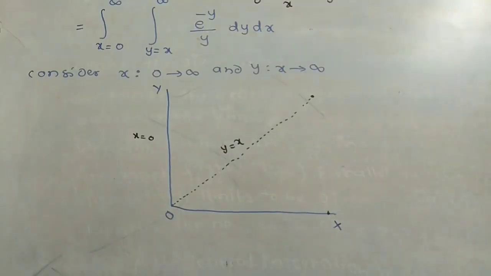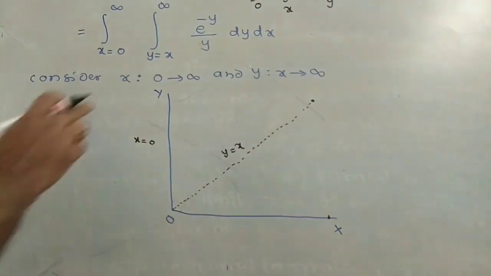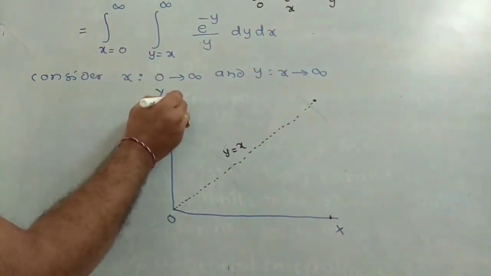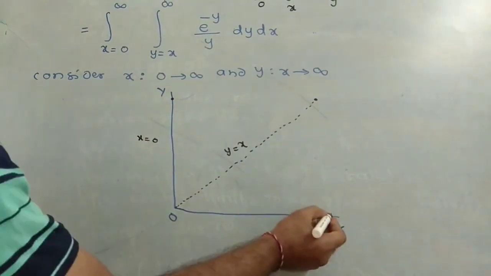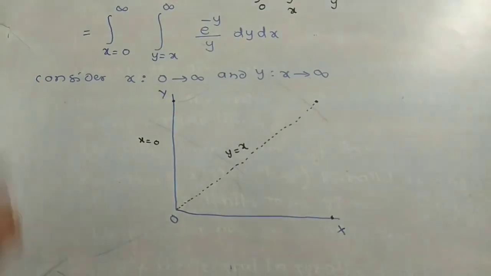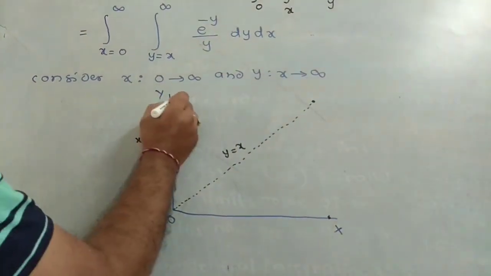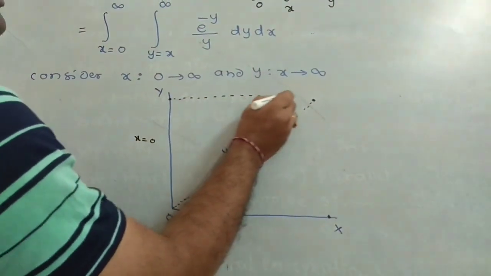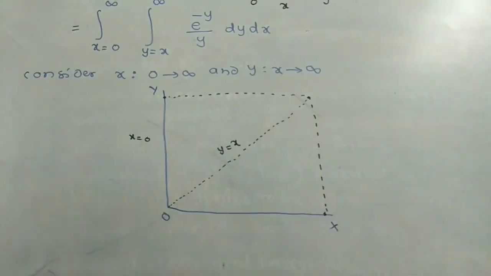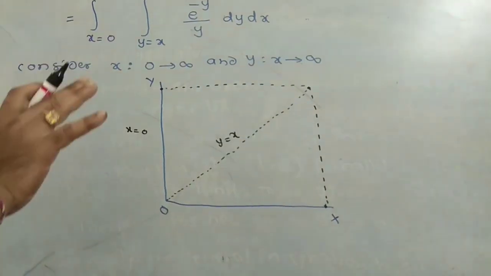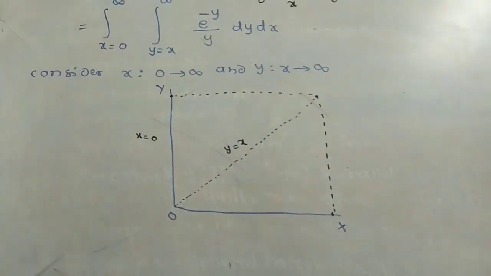What about the next one, y equal to infinity? Somewhere here I suppose that this is your y value, y equal to infinity. This is your x value, x equal to infinity. Just join the points here. This is a line and here it is a line. So you are going to get one particular shape in your two-dimensional graph.